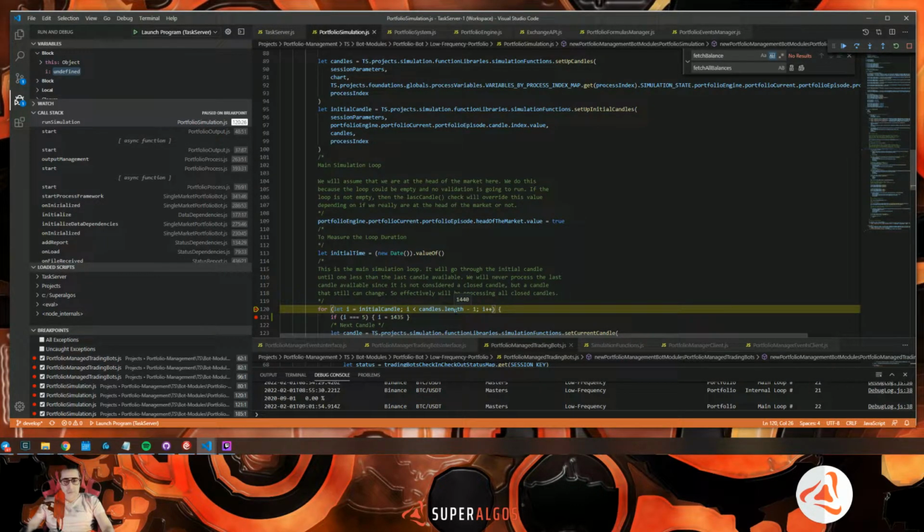Okay. So the calculation of the initial candle is wrong. 1438.